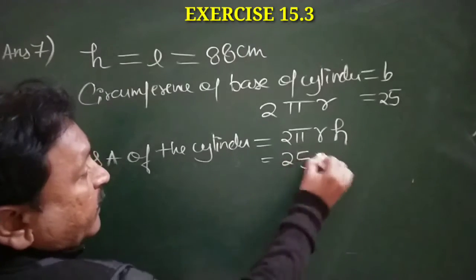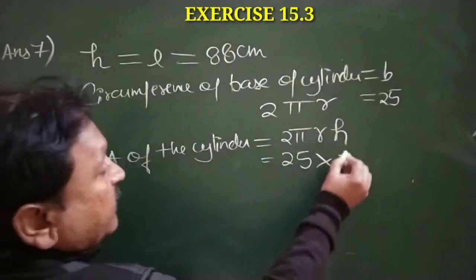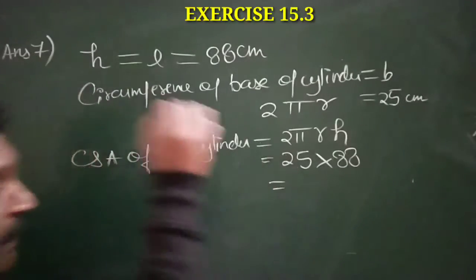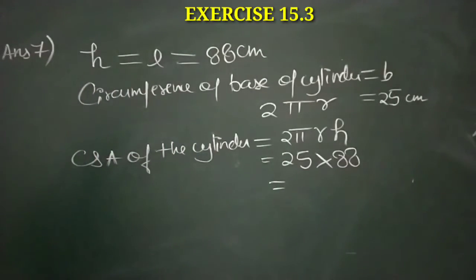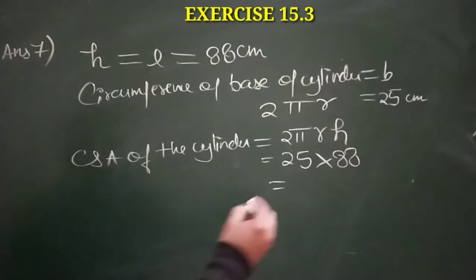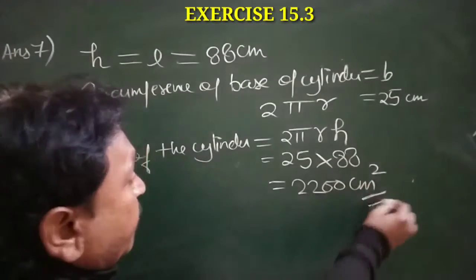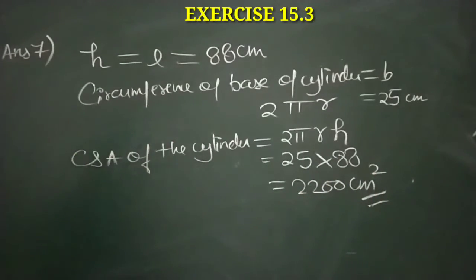Height is how much? 88 centimeter. So we have to multiply 25 into 88 for getting our answer. It will become 2200 centimeter square, which is our needed answer.